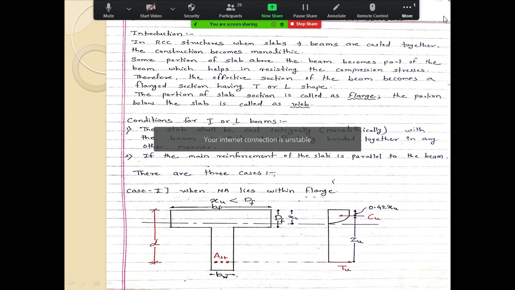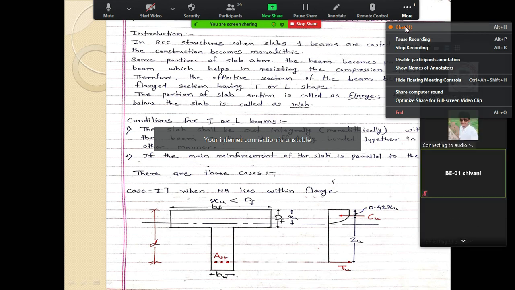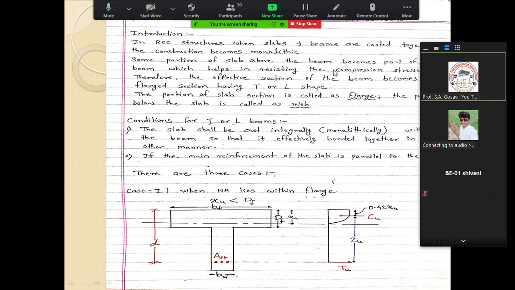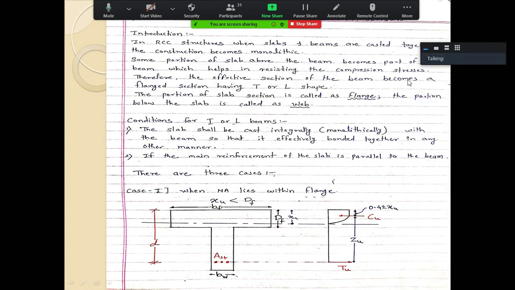Roll number 53 is saying yes. Who is saying it is breaking? Now whatever I could do, I have done. I have changed my network from Idea to Airtel. If the same problem is still there, then you have to bear it now. What else can I do in this regard?